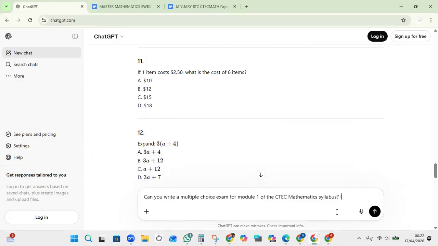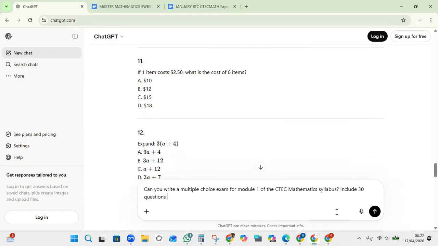Harder questions, and the topic introduction to graphs, because I realized it missed it. Introduction to graphs is the topic.